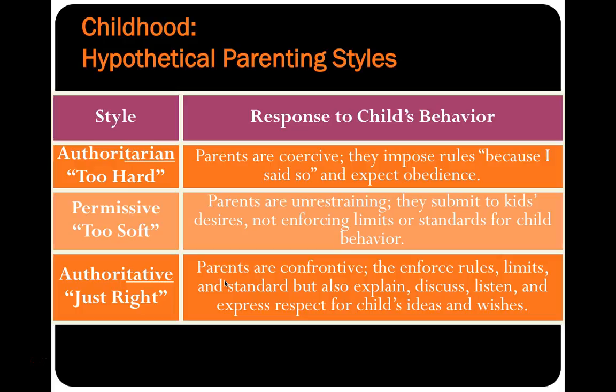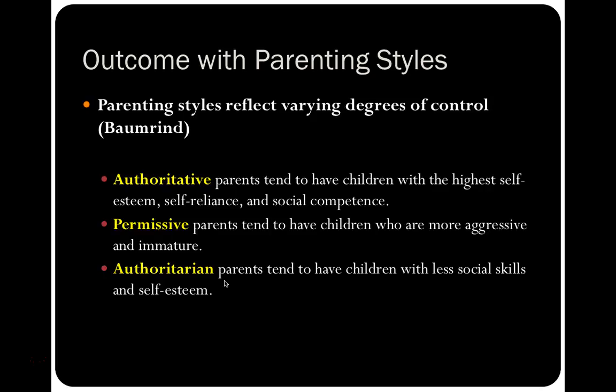Okay, there are rules and there are limits, but they are contextualized with explanations and give the child an opportunity to discuss and express how they're feeling about those things. So those are the three styles: too hard, too soft, and just right. And so basically, parenting styles reflect varying degrees of control over the child.